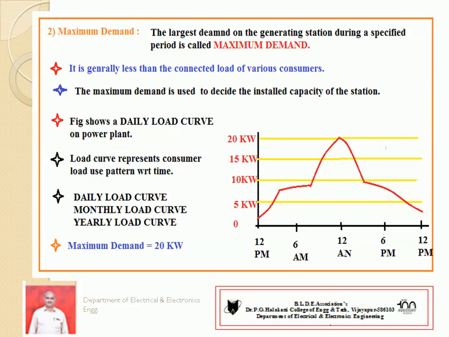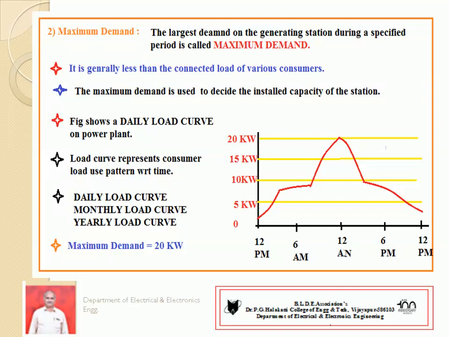If you are considering 24 hours, it is referred to as the daily load curve. If you are considering 1 month, then it becomes the monthly load curve. Similarly, you can consider annual also. Hence, such variation of load versus time is called the yearly load curve.